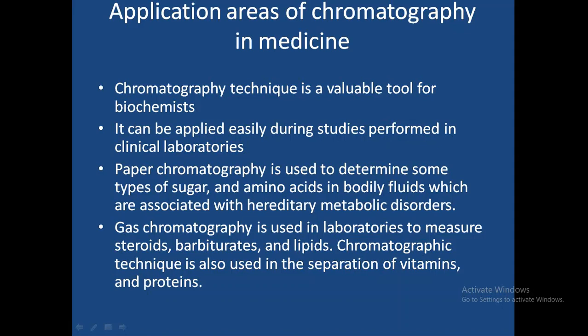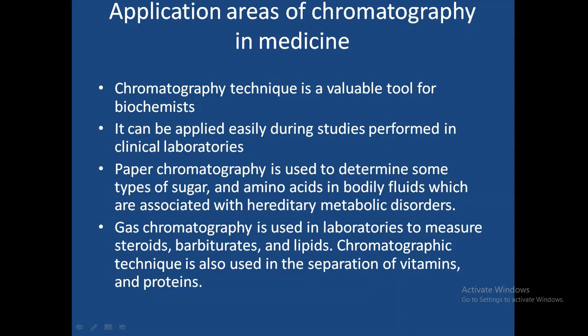It can be applied easily during studies performed in clinical laboratories, and paper chromatography is used to determine some types of sugars and amino acids in bodily fluids which are associated with hereditary metabolic disorders. In order to diagnose metabolic disorders, the chromatographic technique can also be used, and in various clinical laboratories it is used for diagnostic purposes.